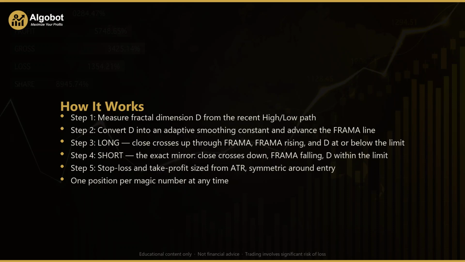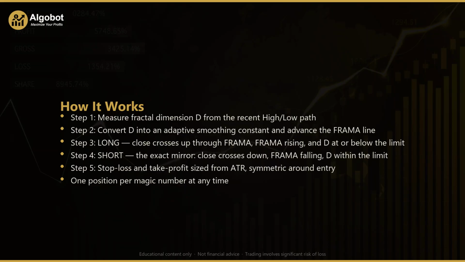The fractal dimension must be at or below the maximum dimension setting, which defaults to 1.6. That third condition is the regime gate. It confirms the market is trending, not just noisy. A short trade is the exact mirror. The close must cross down through FRAMA. The line must be falling over the same lookback, and the dimension must still sit within the trending limit.